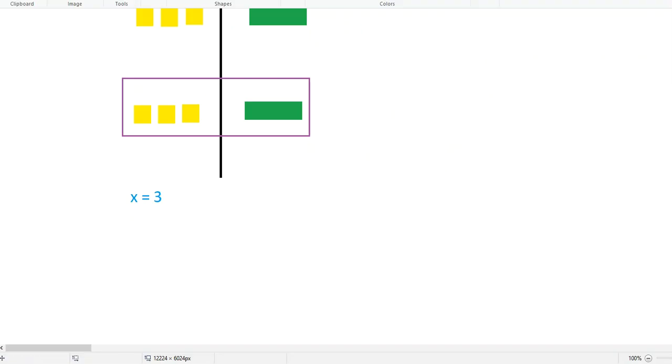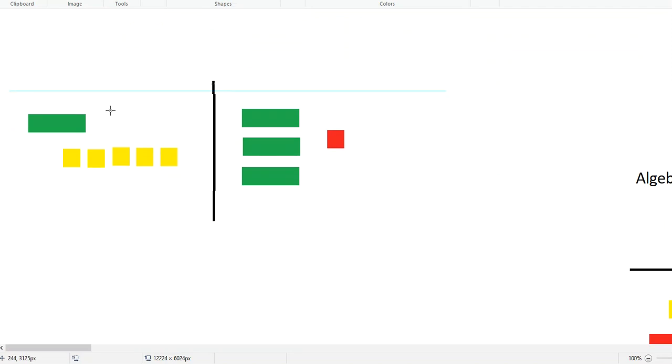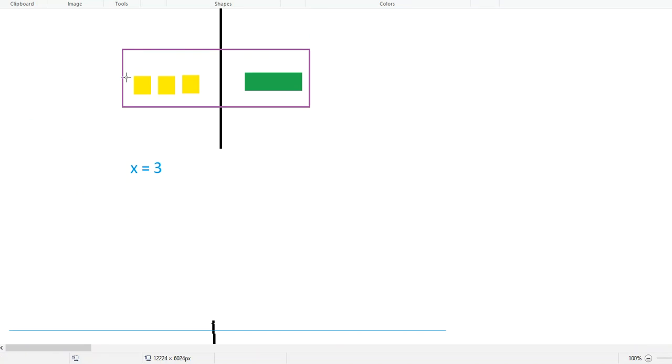And so I've come back here, back to our paint setup. All right, and here's the original problem. Here's x plus 5 equals 3x minus 1. Now, we remembered that x equals 3. That means that this bar here is worth each 3 of these single units.